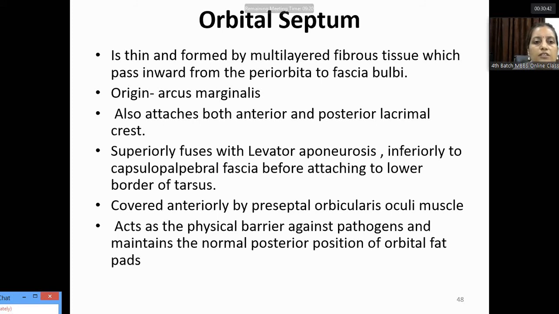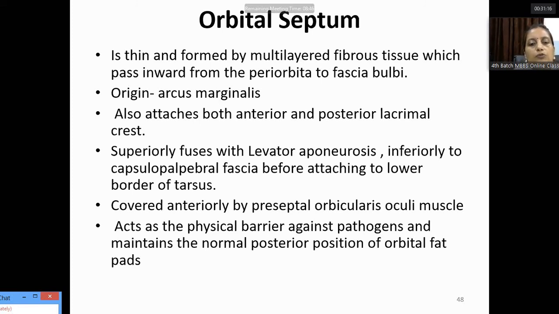Its origin is the arcus marginalis, and it is attached both anteriorly and posteriorly to the lacrimal crest, superiorly fuses with the levator aponeurosis, and inferiorly with the capsulopalpebral fascia. It is covered anteriorly by the preseptal orbicularis oculi muscle, and it acts as a physical barrier against pathogens and maintains the normal posterior position of the orbital fat pad. So it is a very important landmark.